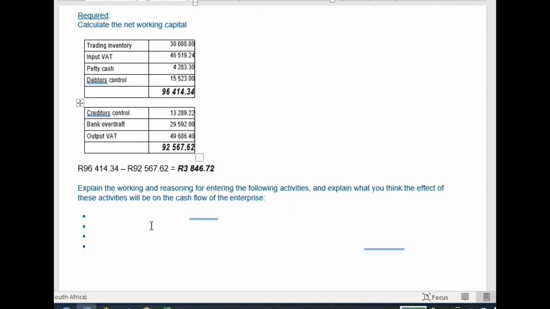Now the next question says, explain the working and reasoning for entering the following activities and explain what you think the effect of these activities will be on the cash flow of the enterprise.